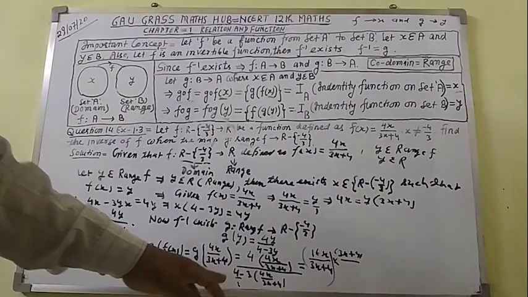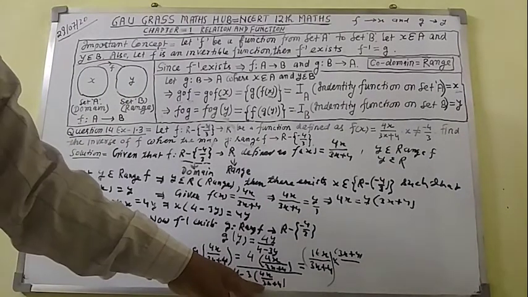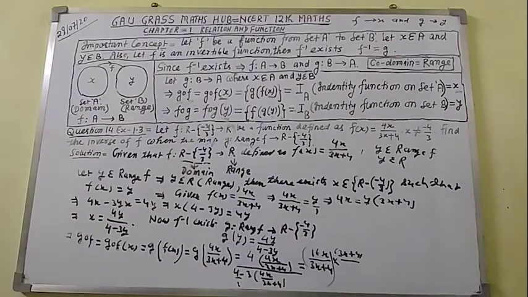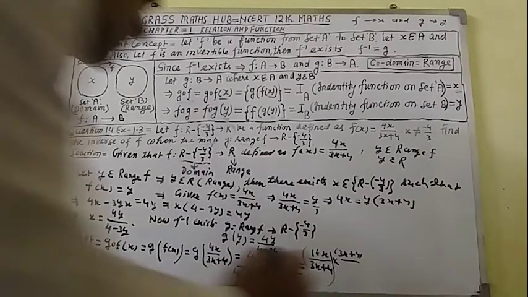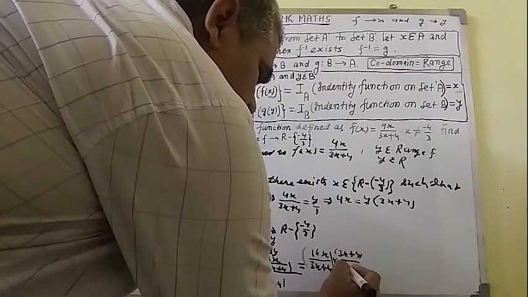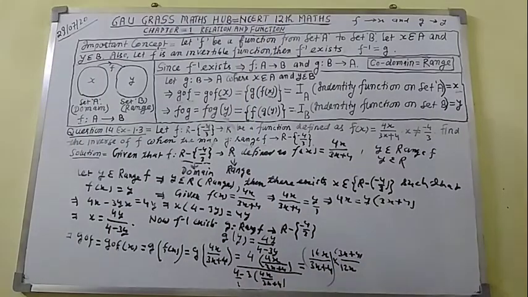What we will do here? This 4 will multiply with 3x plus 4. 4 times 3 is 12, so you will get 12x.